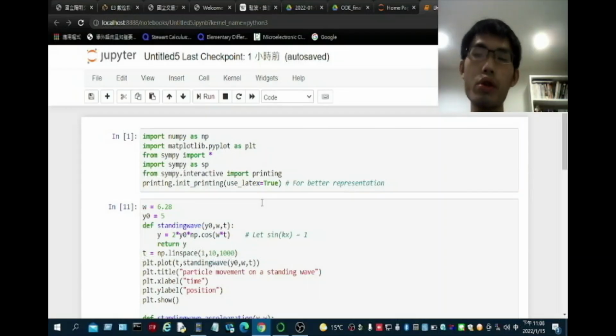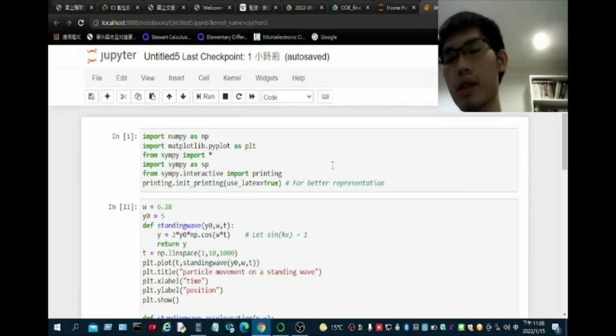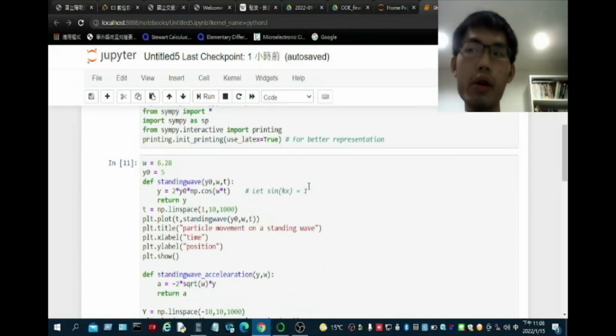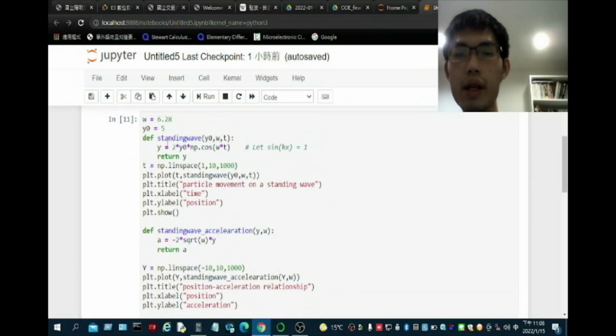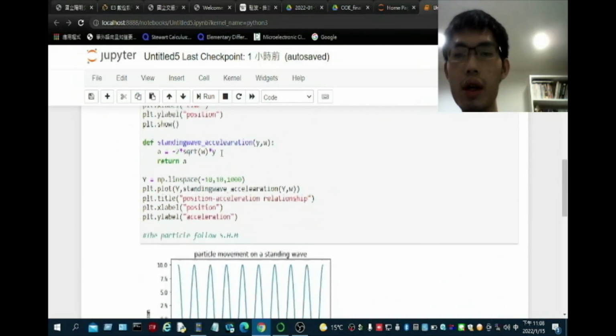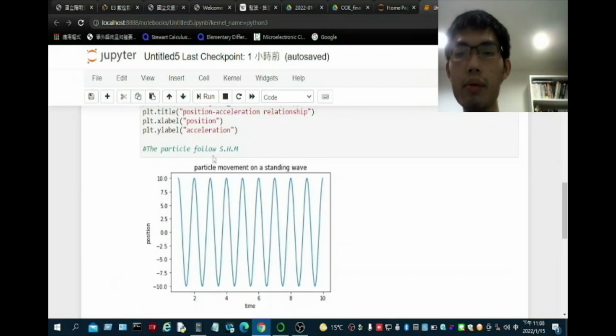I'm going to introduce a little bit about our Python simulation, and I will focus on only one particle on the standing waves. So we set up a standing wave function, and we will get the particle movement on standing waves. You can see in this figure, as time goes by, the position of the particle will swing between positive 10 and negative 10.